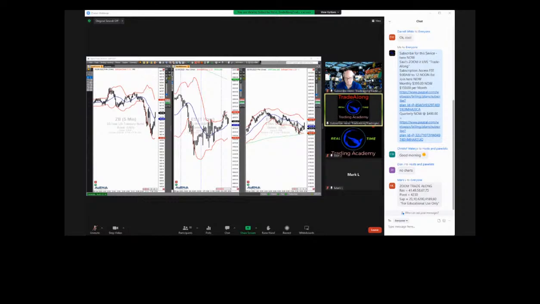They were expecting plus 1.0 on the GDP number this morning, except it came out at minus 1.4. So we have a contraction here, at least initially, and we'll see how the market reacts to it.